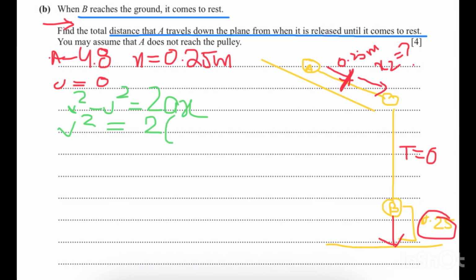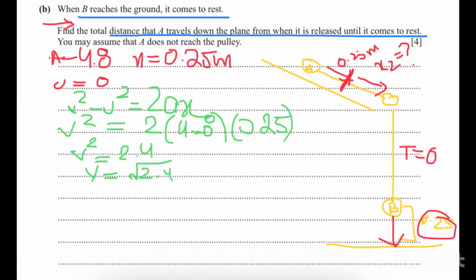It is 2 times the acceleration, which was 4.8, times the distance, which was 0.25. So this gives v squared equals 2.4, making the final velocity equal to the square root of 2.4. Now this final velocity becomes the initial velocity at this point. So u is the square root of 2.4.